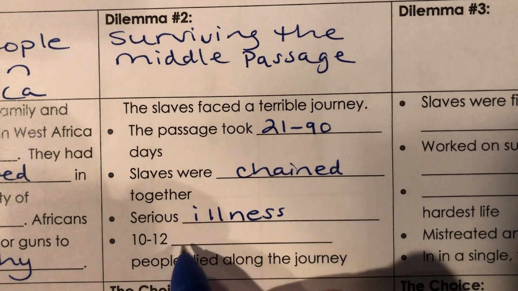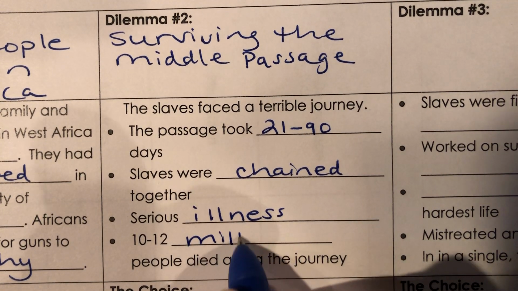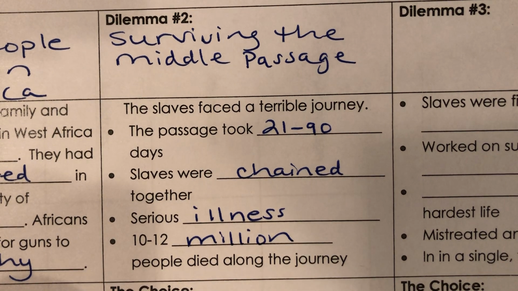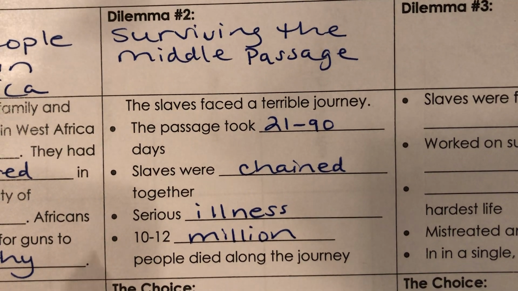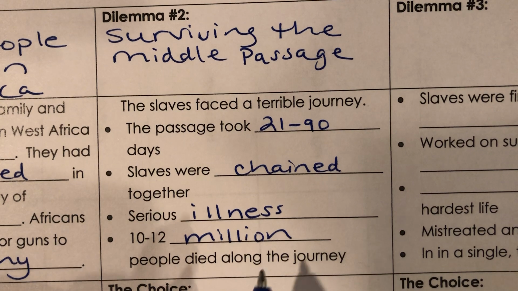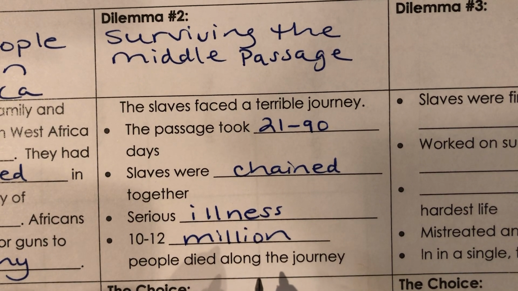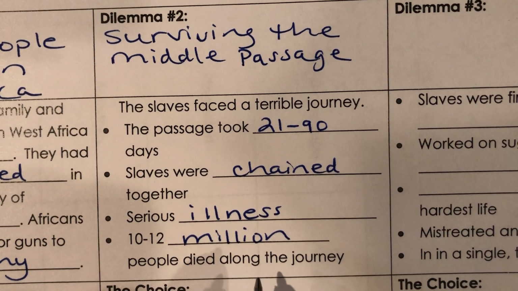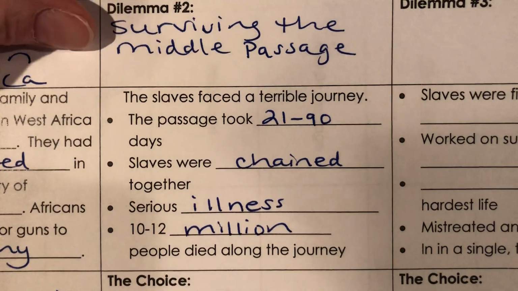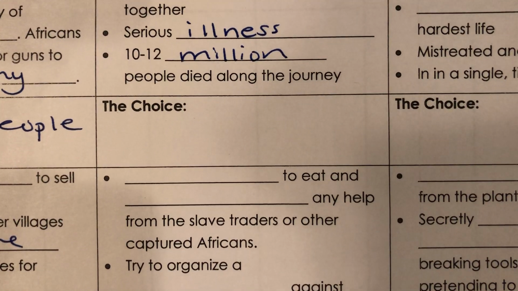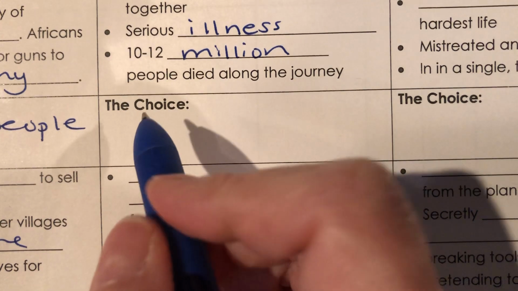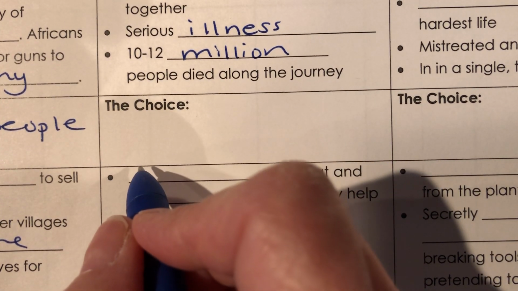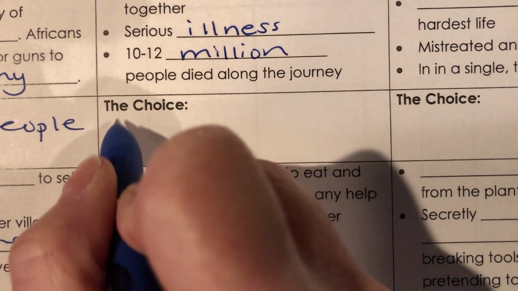And 10 to 12 million people died along the journey. And we had discussed how horrible the conditions were on these, they called them slave ships, across the Atlantic Ocean. So if you were coming from West Africa and you were captured, the choice you had to make was how you're going to react to these terrible conditions.